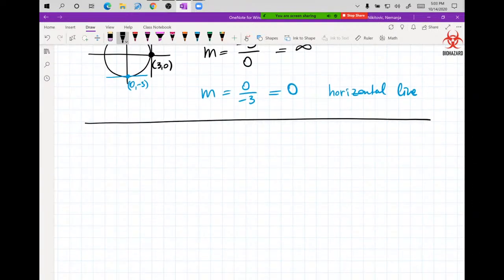How about 4y to the 6 is equal to 9x squared plus x minus 3? How about the derivative of this?